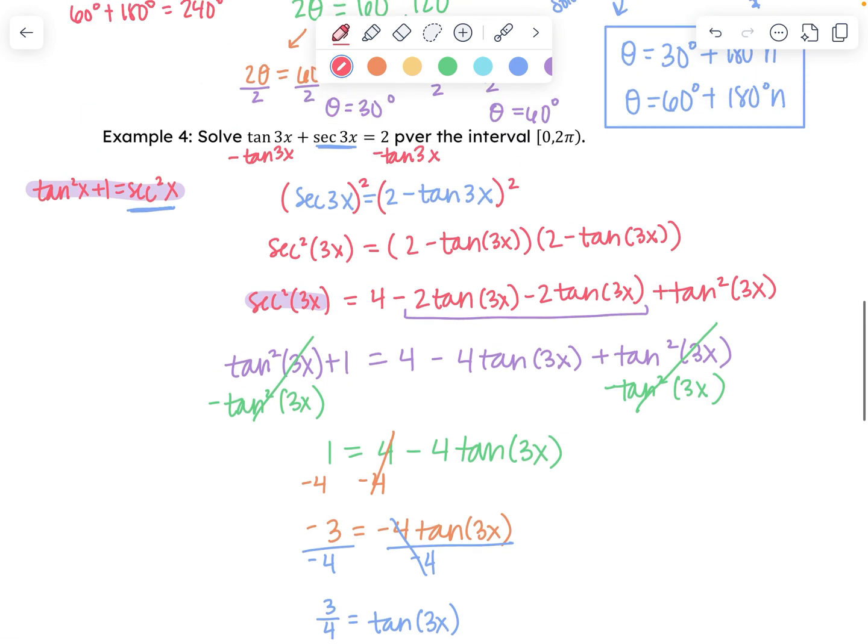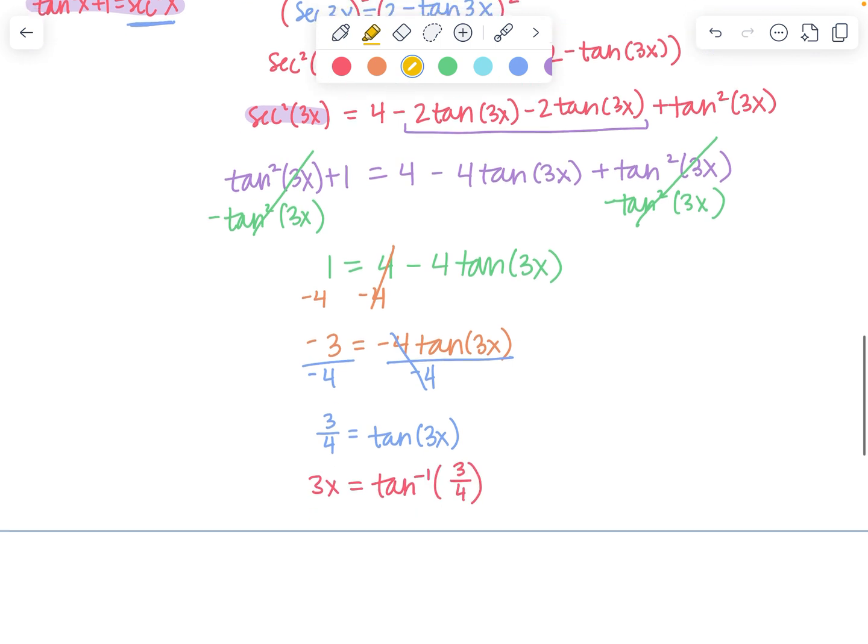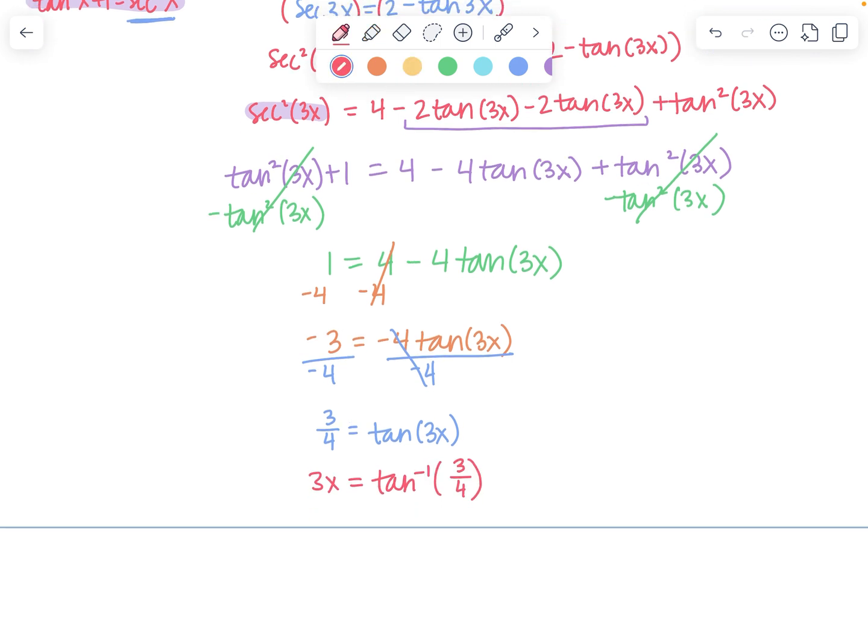So we are solving over the interval 0 to 2 pi. So that means my calculator needs to be in radian mode. And also at this point, I could go ahead and just divide both sides by 3. So I get that x is equal to that inverse tangent of 3/4 over 3 and plug that into my calculator.